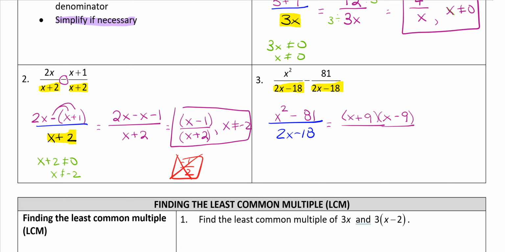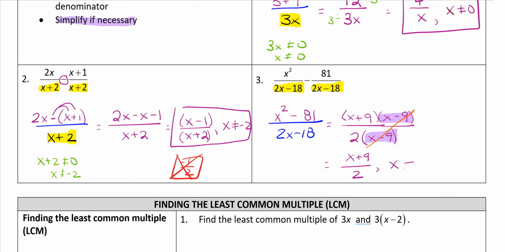In the denominator, we would have a 2 that is a greatest common factor, giving us x minus 9. And this is where we have to be sure that it doesn't simplify more, because this x minus 9 and this x minus 9 would cancel, and we are left with x plus 9 over 2. And you can put the parentheses or leave it without.